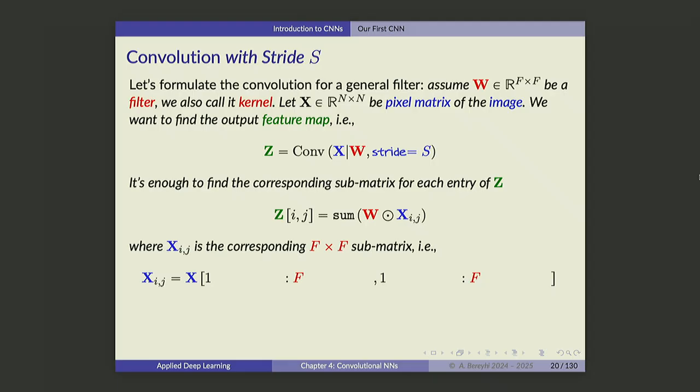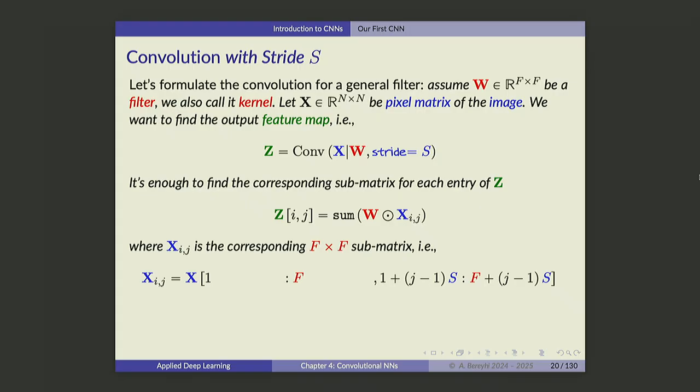Now, what is happening here? j minus 1 times s, right? You start from 1 plus j minus 1 times s, and end up at f plus j minus 1 times s, right? So this is when you are doing the stride s on the first row. Now, you finish with this first row.